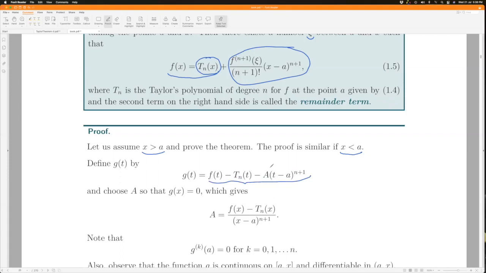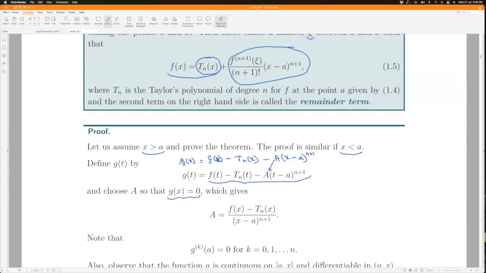Now, what is A? A is a parameter which we will choose in such a way that g of x is equal to 0. So what you do, you put t equal to x in this expression, you will get f of x minus Tn of x minus A into x minus a to the power of n plus 1, right?